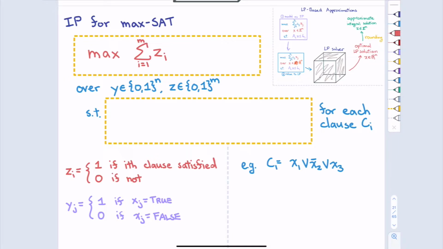So what I did was I set up maybe one example of a clause here, and we can maybe try to think of a constraint. At some level, I should only be able to set z1 to be true if I've chosen the yj's so that either x1 is equal to true, or x2 is equal to false, or x3 is equal to true.